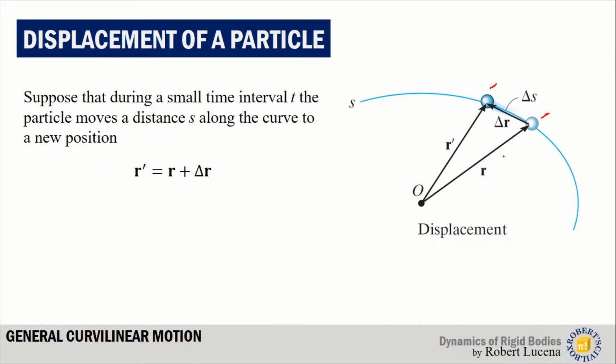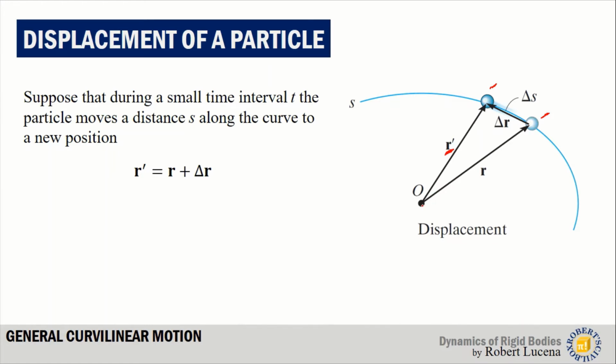Now from addition of vectors, we can say that this vector r prime is the sum of vector r, which represents the position of this object, plus vector delta r, which represents the change in position of this particular object.